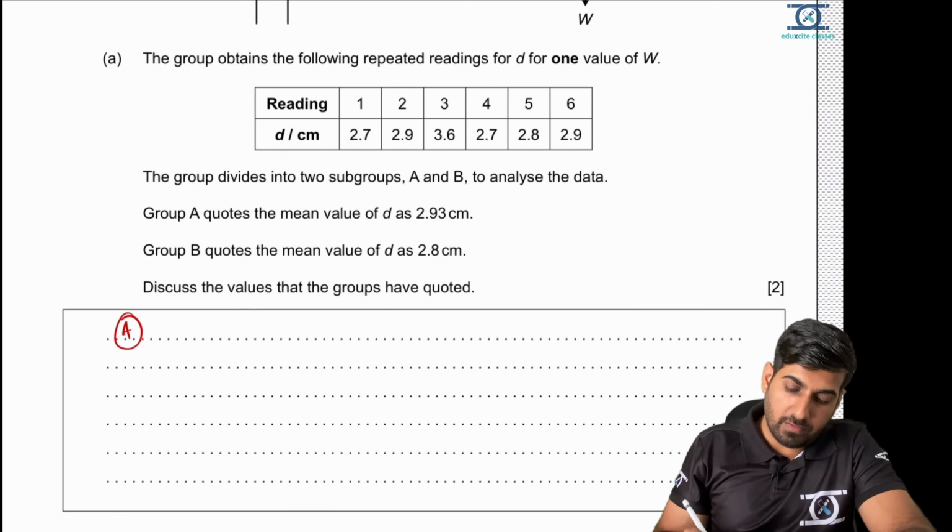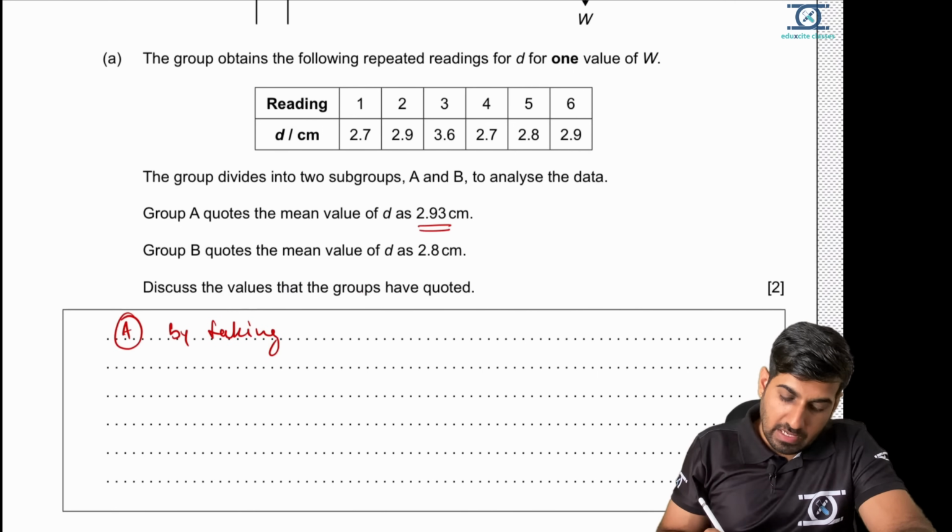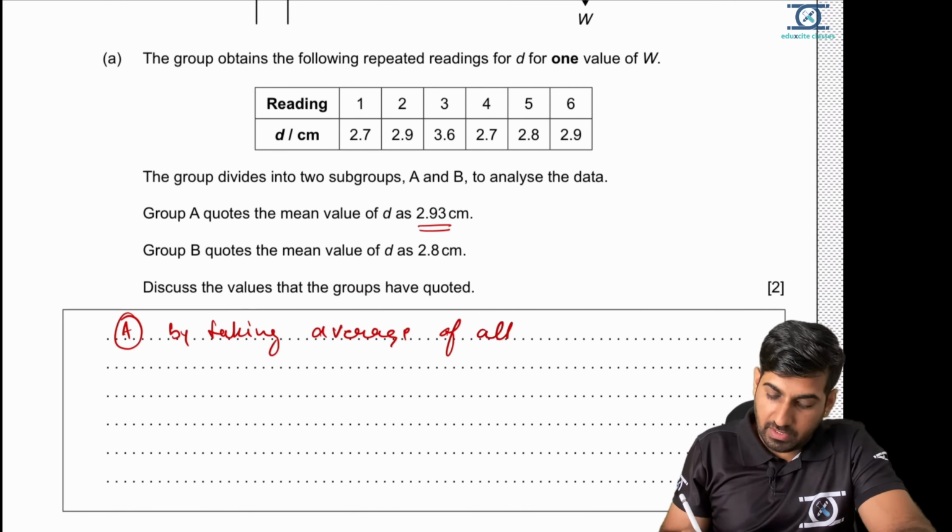If you do this you will get something around 2.93. So group A has got the mean value of D by taking the average of all the data.